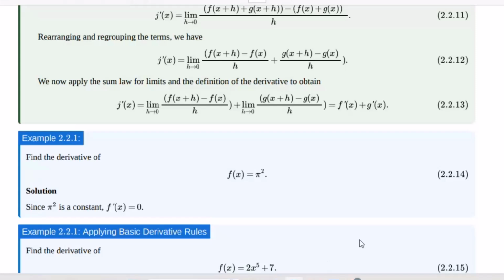Now, the last one before we go will be this one.